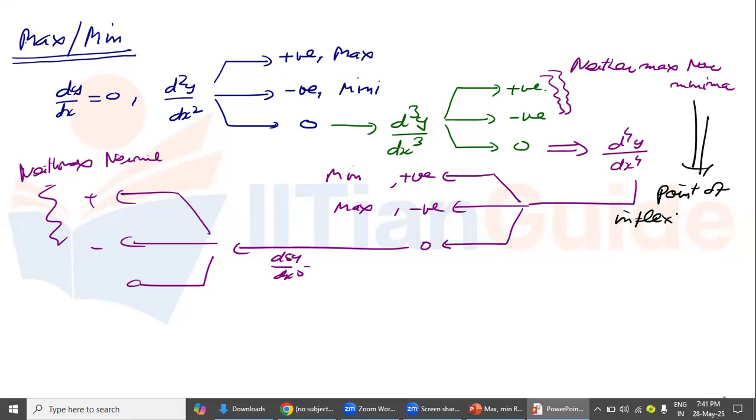INFLEXION. This is also a spelling and this is also a spelling, both are used. Inflection means there is a point of confusion. We cannot decide whether it is a maximum or minimum. How? That I am telling you. Just wait. There is some confusion. What is the confusion? That I am telling you. Just wait.